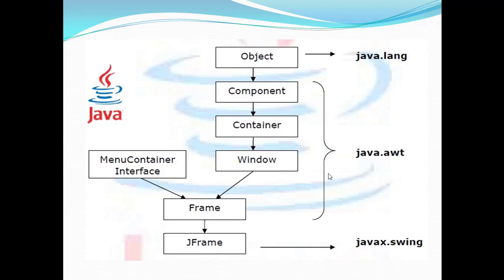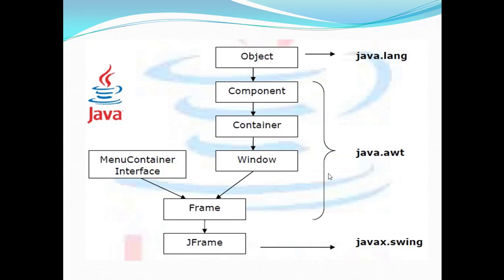In the previous lecture we have seen the AWT class hierarchy: object class, component class, its subclass container, and number of containers are there, container suppose window, its subclass frame, and frame subclass JFrame. Here starts the swing, JFrame, like this.